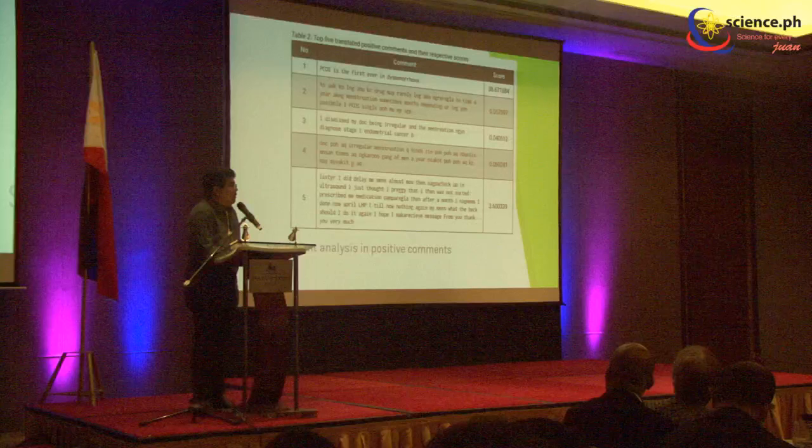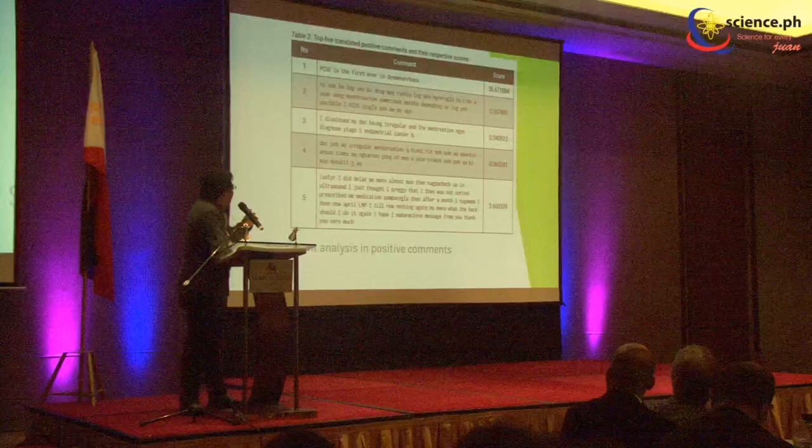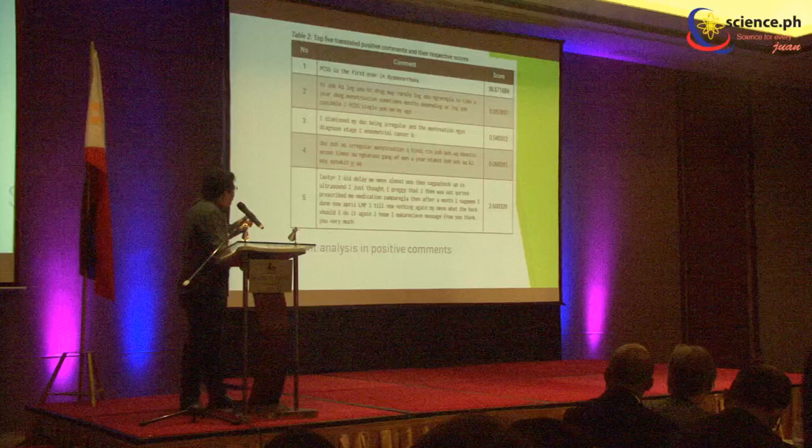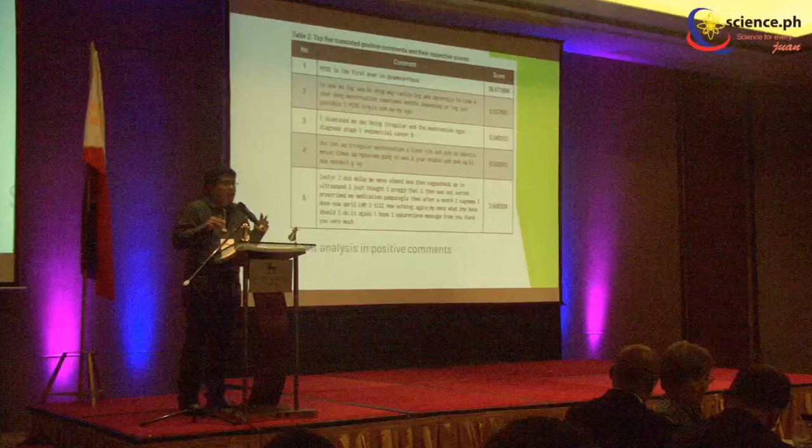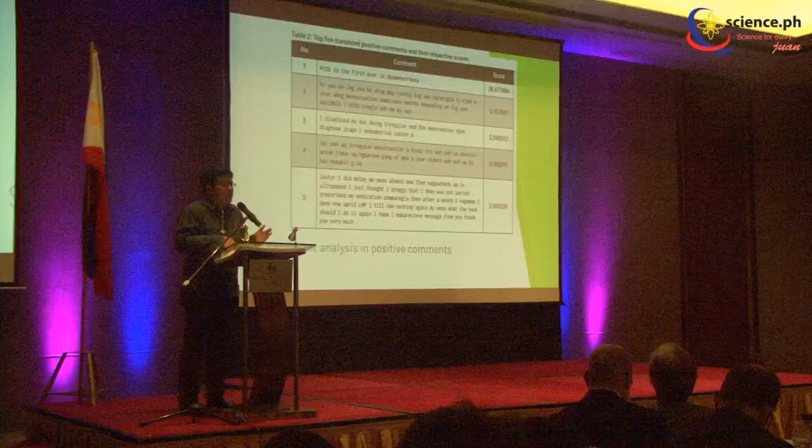So those are the actual comments. And the limitations of technology in terms of translating and the natural language processing really need to be addressed so that accuracy can be improved. So there are also negative comments. So there are also scores to show why that comment is perceived to be negative.